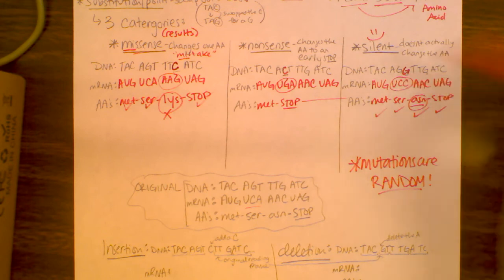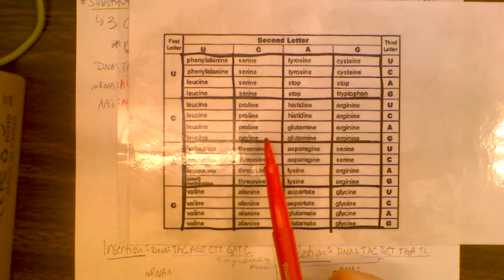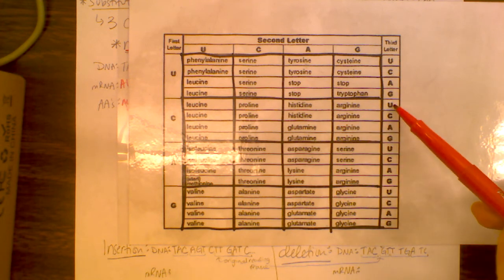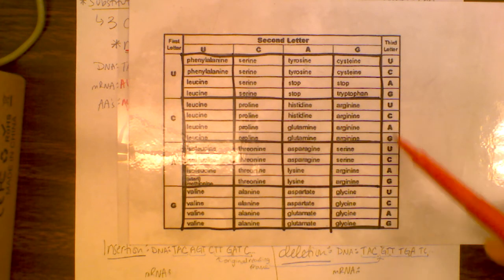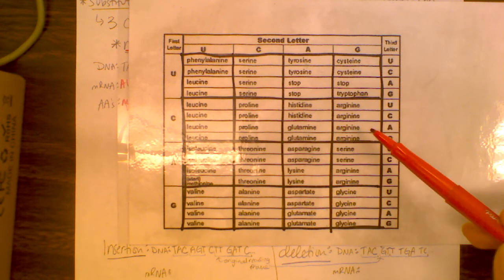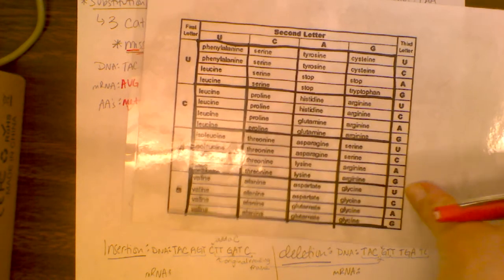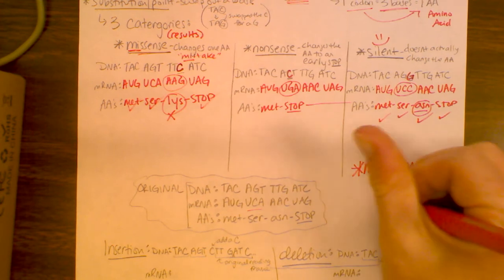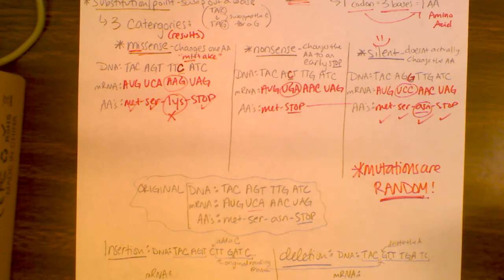Because when you look at your codon chart, notice that for some of these, it doesn't matter what the third base is. Anything in that box, for example the arginine, regardless of whether the last base is U, C, A, or G, it's still going to be arginine. So those are good. We like those, but it's luck whether or not that's what happened. So they are random. They don't happen because we want them to.